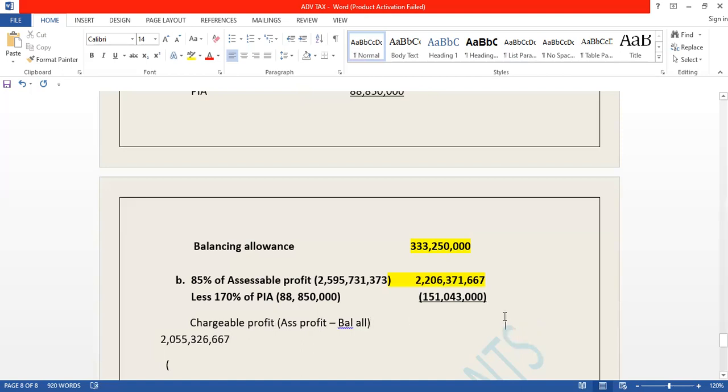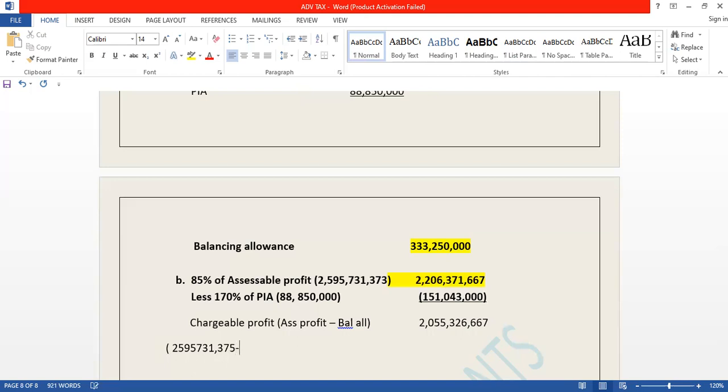So we are fine to go with that. So what is our accessible profit? Our accessible profit from onset has to be 2595,731,375, which we have calculated.